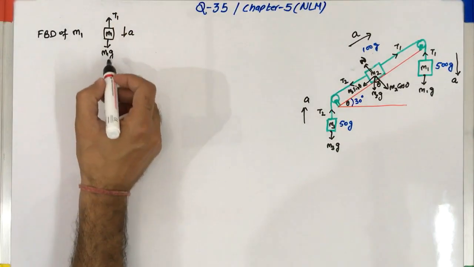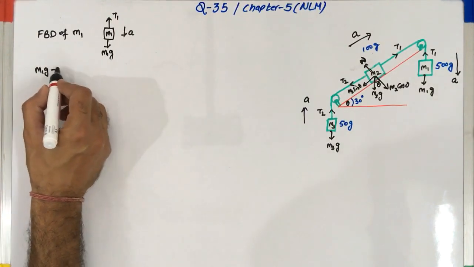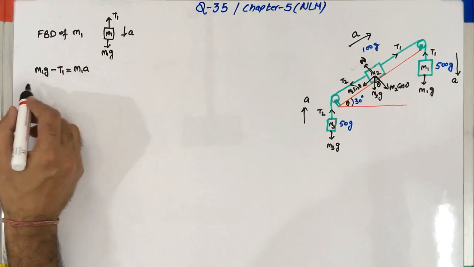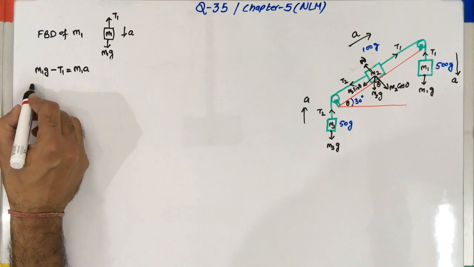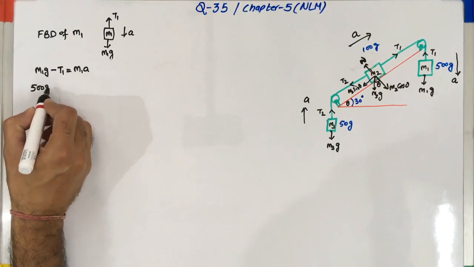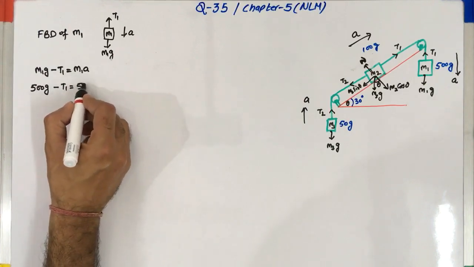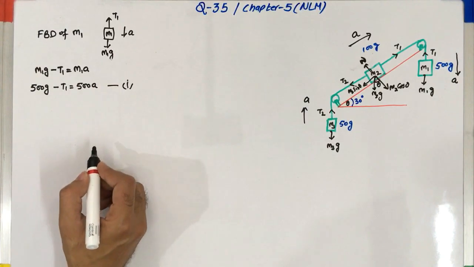The equation of motion is M1G minus T1 equals M1A. Putting the value of M1, it becomes 500G minus T1 equals 500A. This is equation number 1.